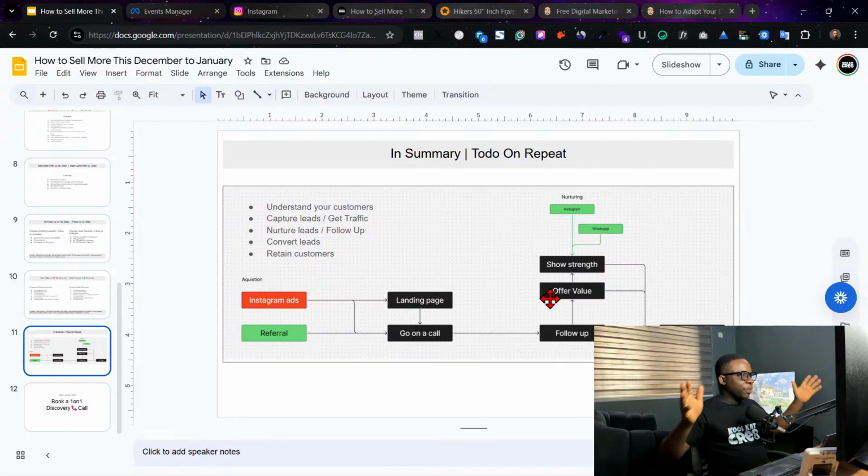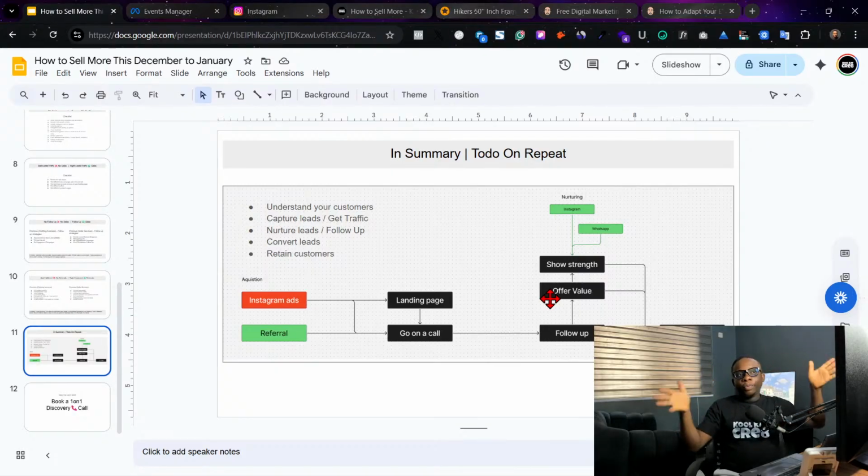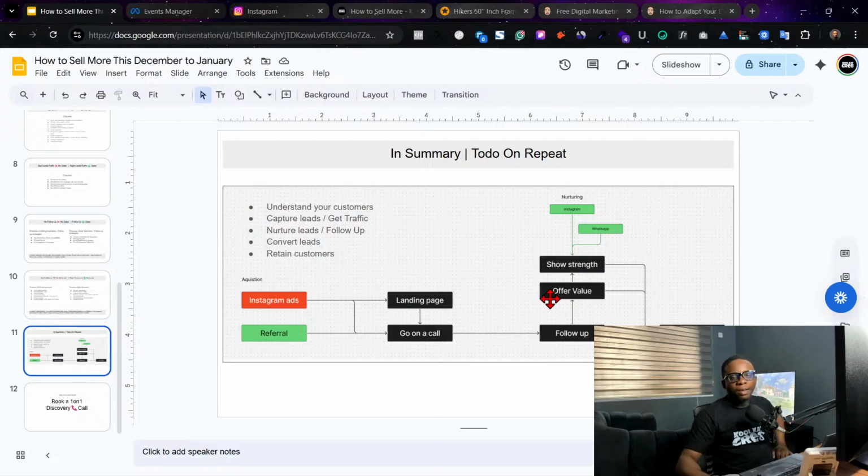So let me know, is there anything I can improve? Is there any question that you have? Let me know before I call it a day.